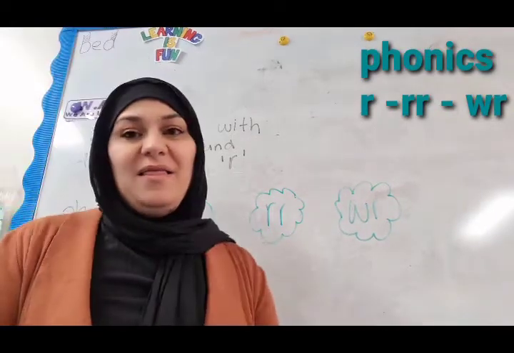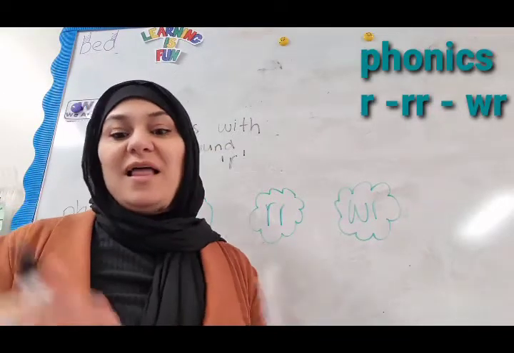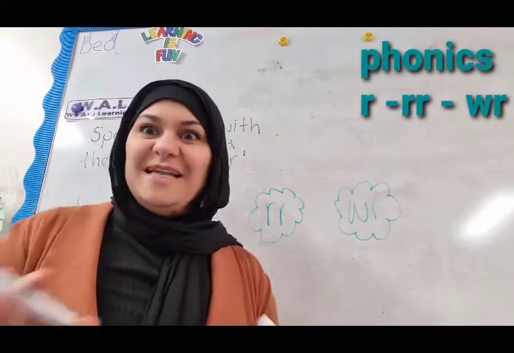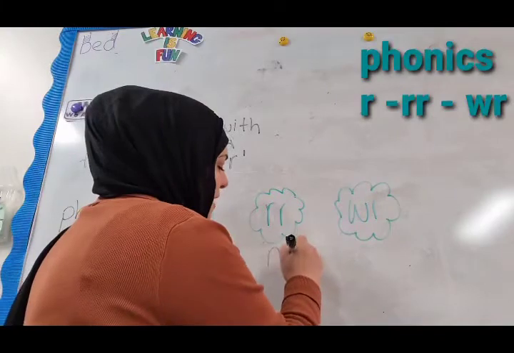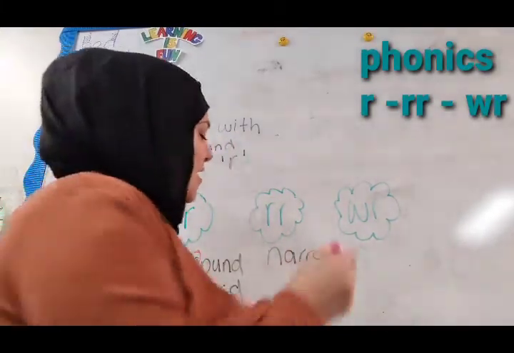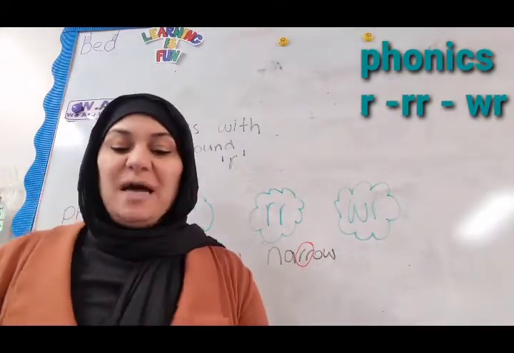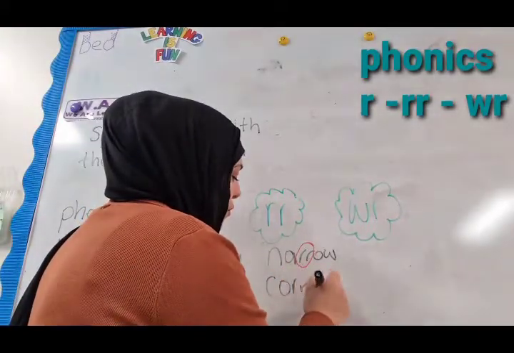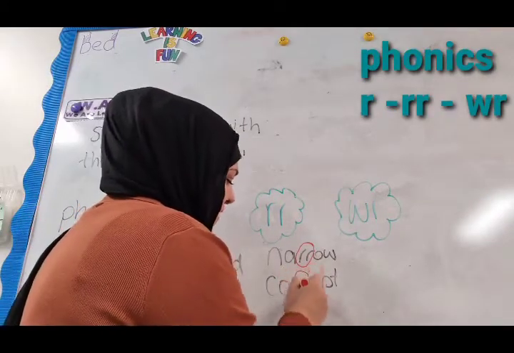The other way that we can make the sound in spelling is words that have the double R sound. Now, of course, there are no words in English that have double R at the beginning, but there are lots that have it in the middle, such as narrow, N-A-R-R-O-W, where double R is in the middle. Another word is corrupt, where double R is in the middle there.